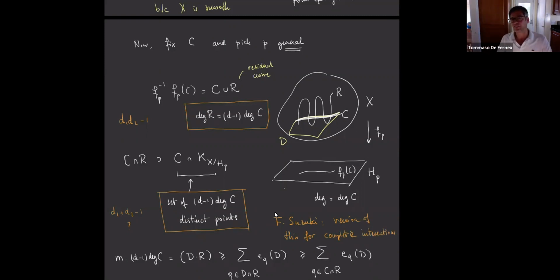Again, it's not very fresh in my memory, but it's possible to do this. So at the end of the day, you get some similar statement. There are some conditions on the degrees, if I remember well. But the proof was definitely more involved. It was not so simple. Okay, thanks.